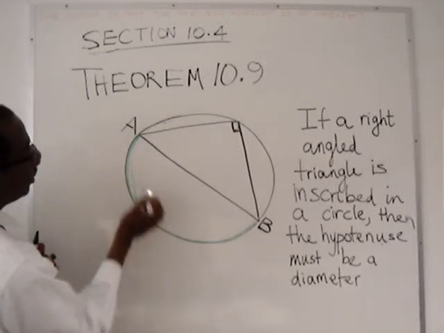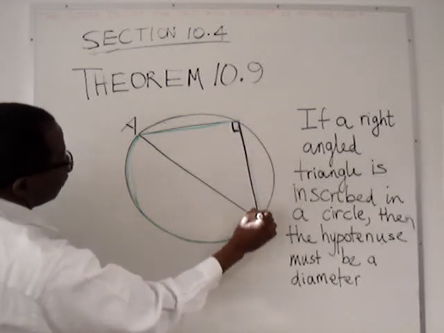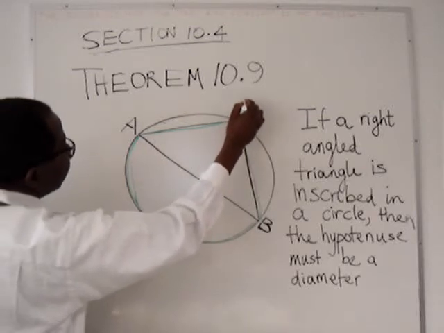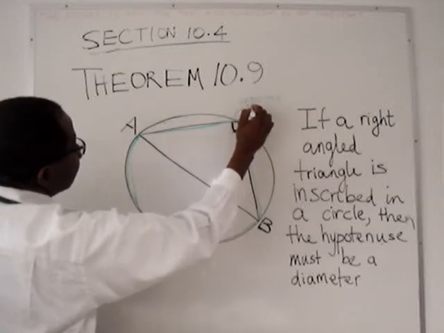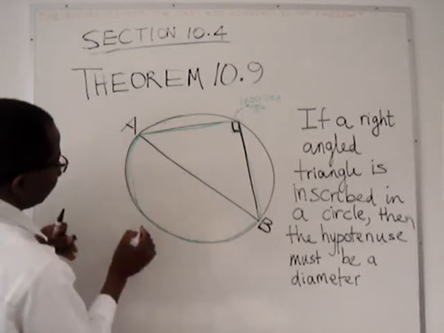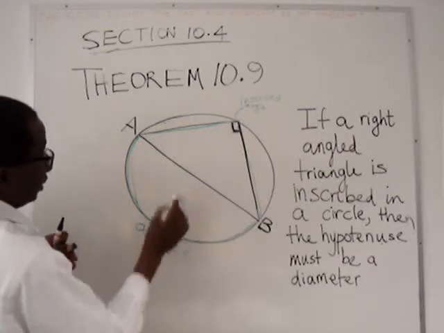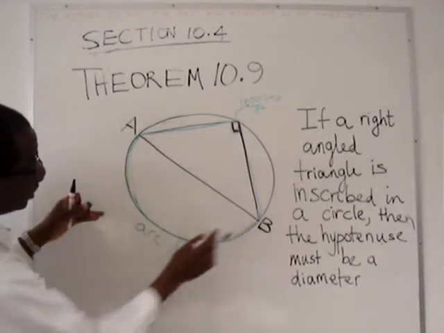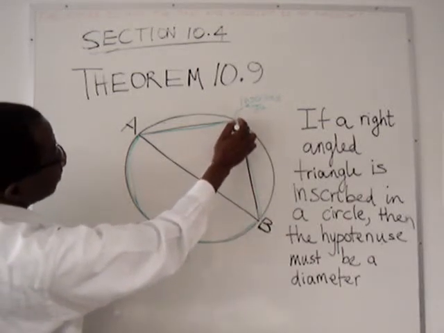So from arc AB, you have this angle here, this right angle, as your inscribed angle. Remember we did before an inscribed angle for this arc AB. So arc AB is the arc that is intercepted by the inscribed angle here.